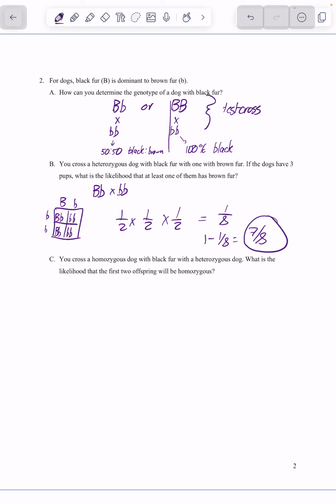Okay. You cross a homozygous dog with black fur with a heterozygous dog. What is the likelihood that the first 2 offspring will be homozygous? Okay. This one's a little bit more straightforward.